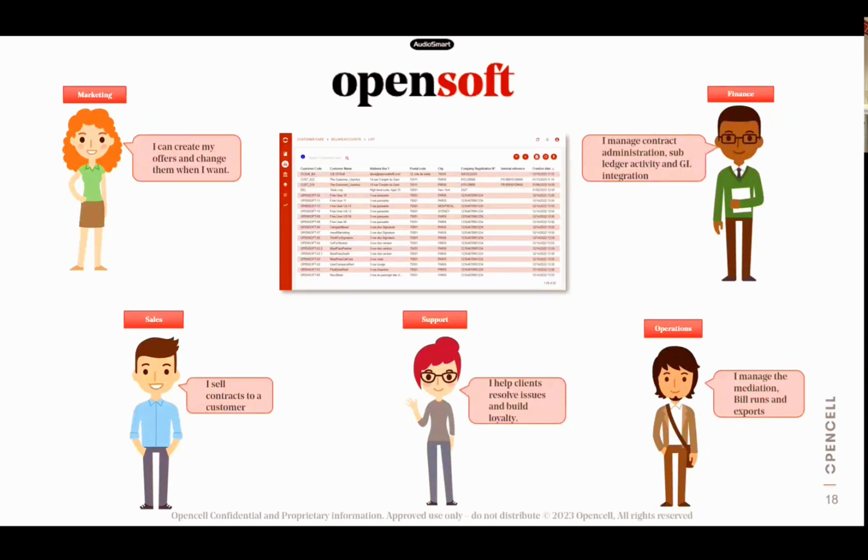We have the operation, the guys that run the mediation, the bill run, the export, everything which is kind of business to IT related. And we have the finance guy around parameterization of the system, accounting, back office management, contract validation. So everything you can imagine from a B2B company.